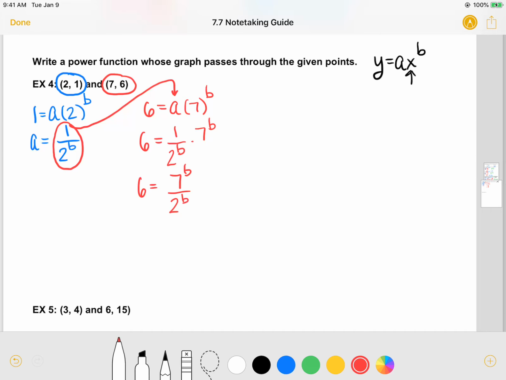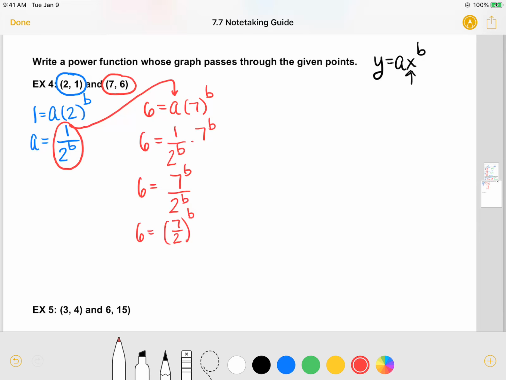And we're going to condense that and undistribute our exponents, since 7 and 2 both have the same exponent b. We're going to rewrite this as 7 over 2 raised to the b power.